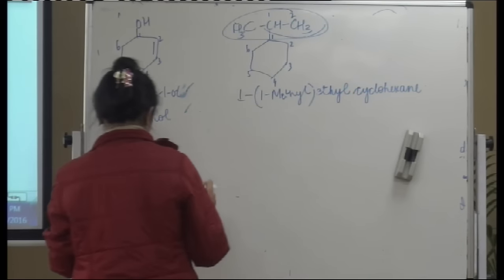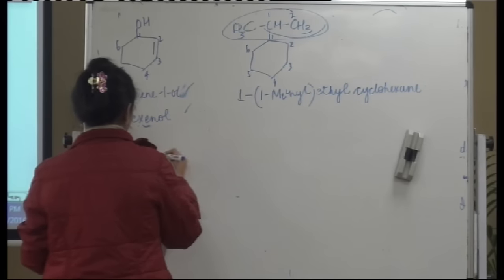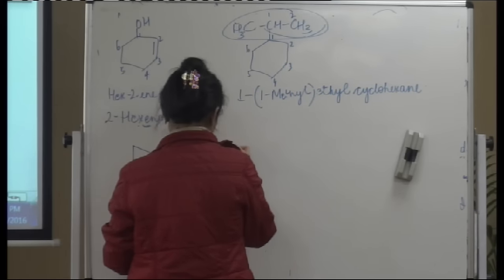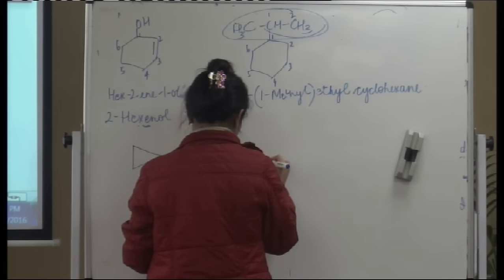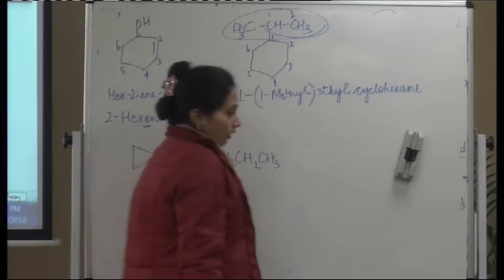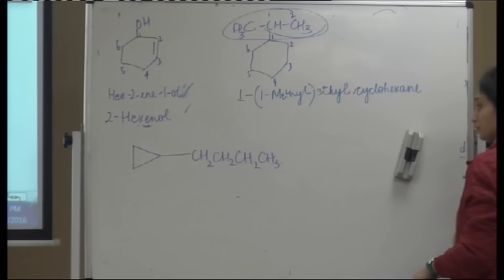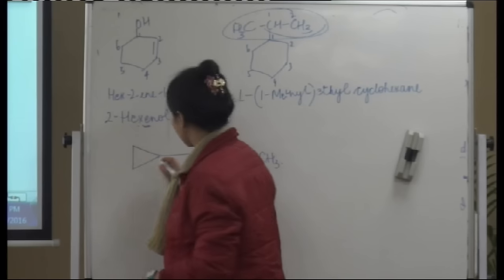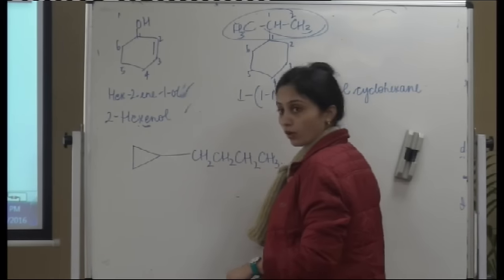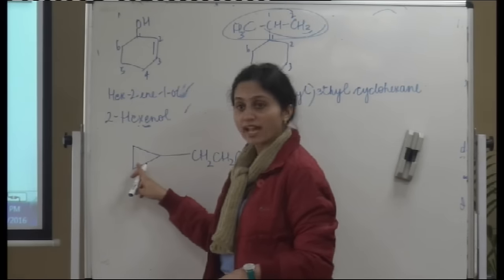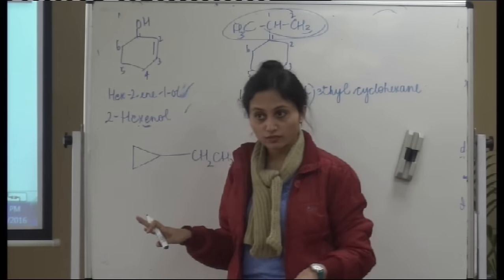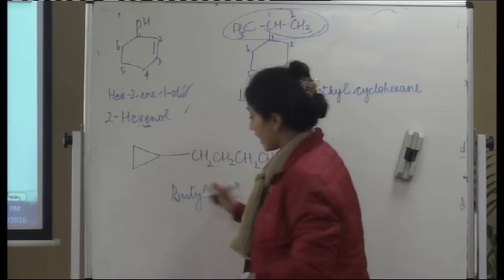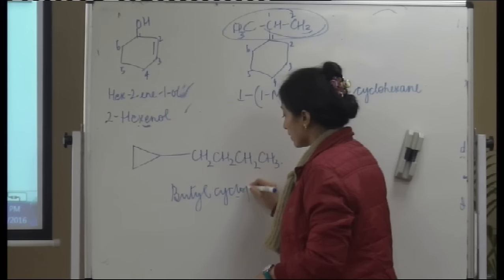Okay, then let's name this one. If you have a cyclic chain along with an open kind of functional group, then in that case you will give the preference to the longest chain. Here, how many are there? You will not name it as, see, what is this? 1, 2, 3, 4. So it can be butyl cyclopropane, which is wrong. It will not be butyl cyclopropane because you can think of butyl as a side group and you have a cyclopropane here.